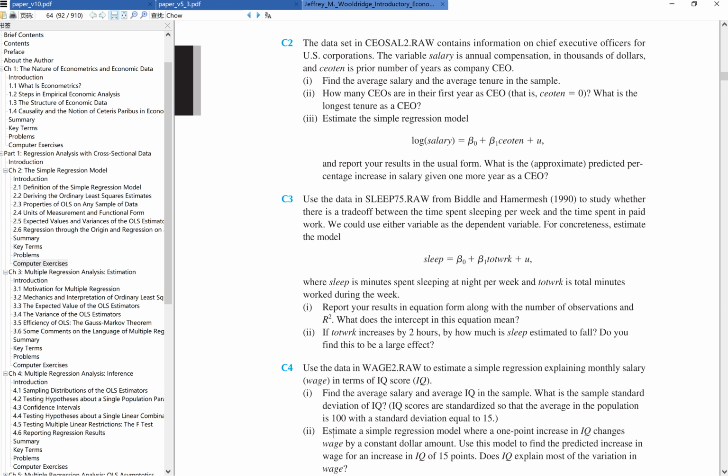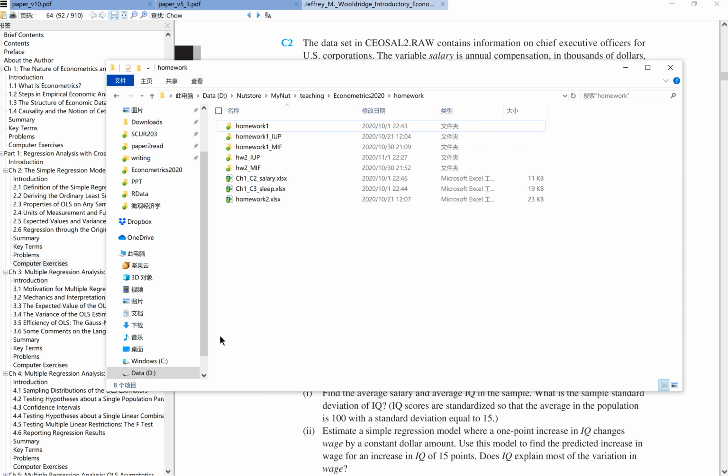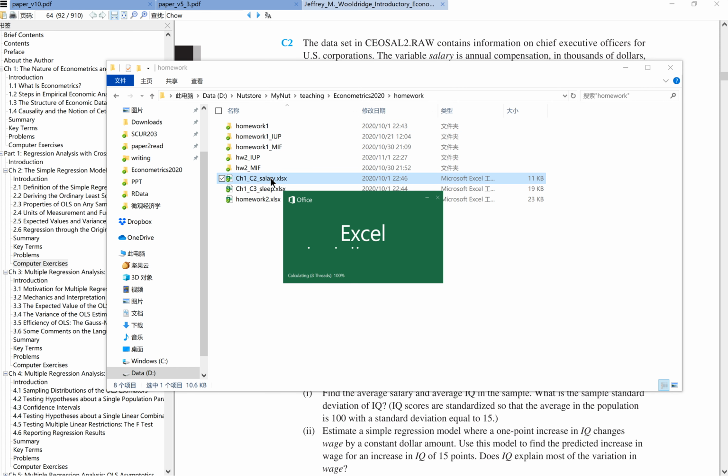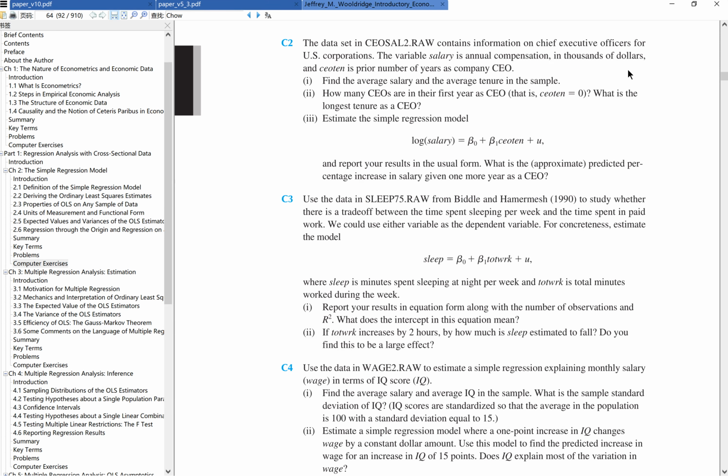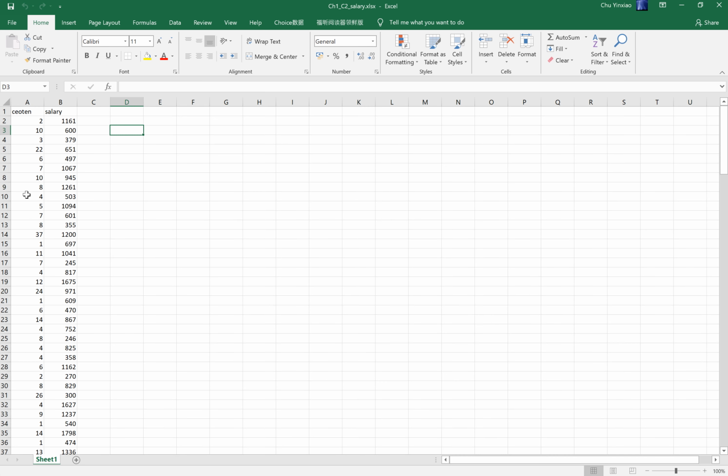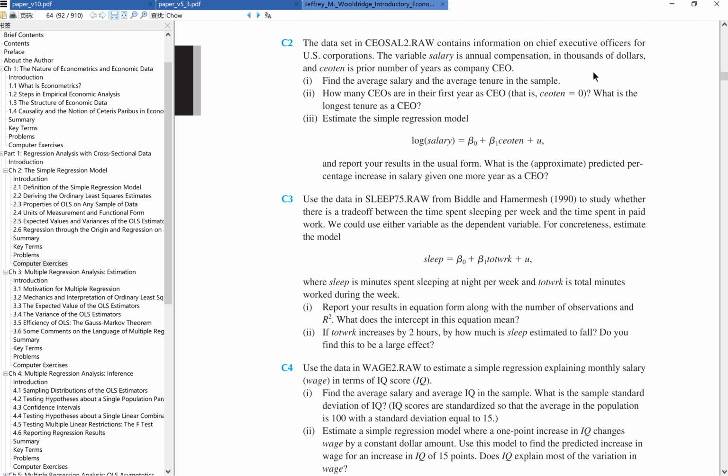So let me open the data set first. So this is the salary one. Okay, so we have salary and CEO tenure, these two variables, right? So let's see what's the first question here. First, it asks you to find the average salary and the average tenure in the sample.